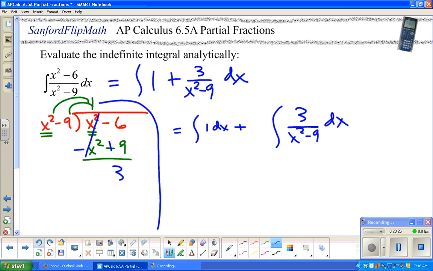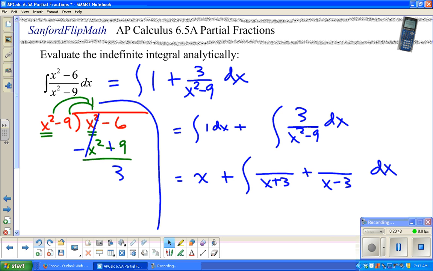Okay, so from here on out, the first part's easy. The antiderivative of 1 is x. The second part, you're going to have to split that up into (x plus 3)(x minus 3) dx.